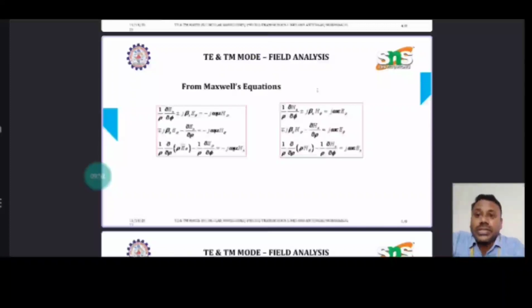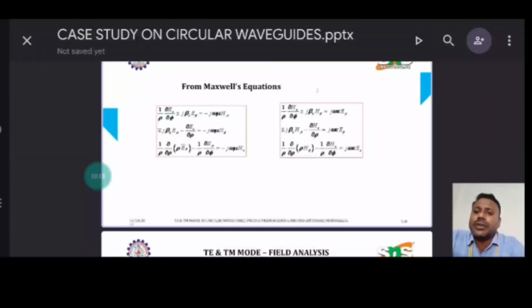Here, instead of omega we replace the negative imaginary part, so only the real part is included, j omega epsilon E rho. This is the condition of transverse electric and transverse magnetic modes for finding the field analysis.